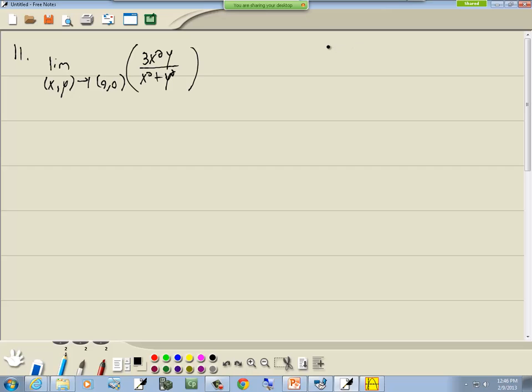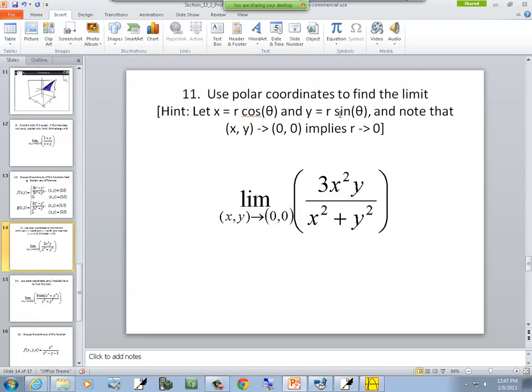If you remember from trig, we had cosine theta is equal to x over r, and sine theta is equal to y over r. Now I can multiply both sides by r here, and we get x is equal to r cosine theta, and y is equal to r sine theta. So this is how we'd switch it over to polar. And it tells you that in the instructions here.